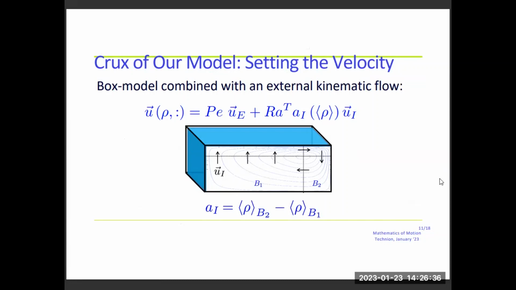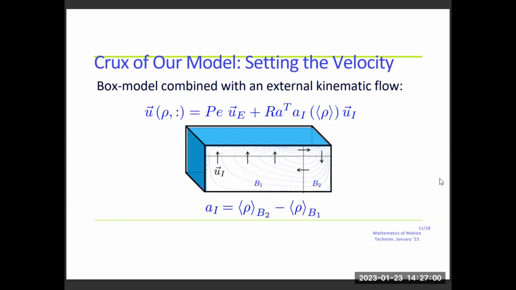It's a predetermined function of space and time. And we add to it a dynamic component which has a constant spatial form, but its strength is a function of the density. This is how we combine the box model with the kinematic double gyre flow, or any kinematic flow that we want.